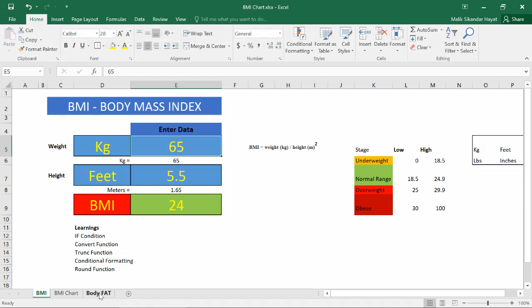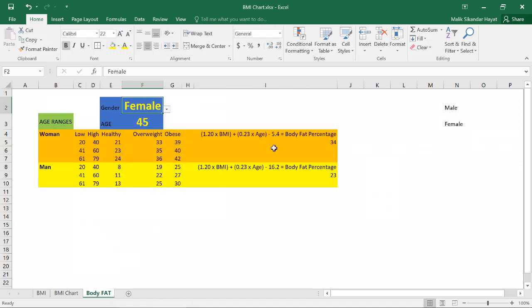If her BMI is 24, then at the age of 45 her fat percentage is 34, and if we come here, see, 24. Healthy. Okay.